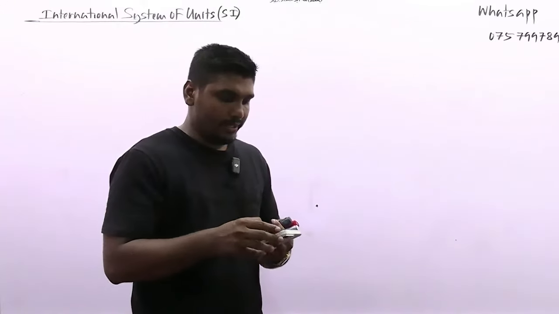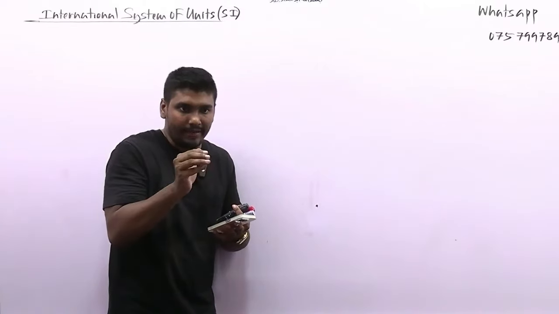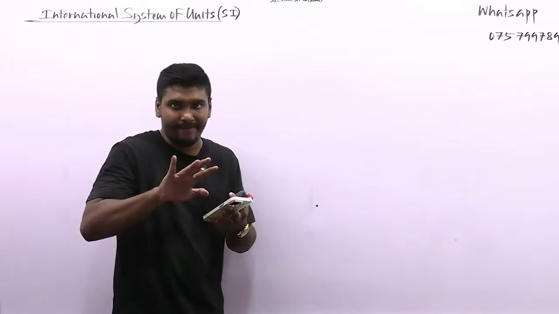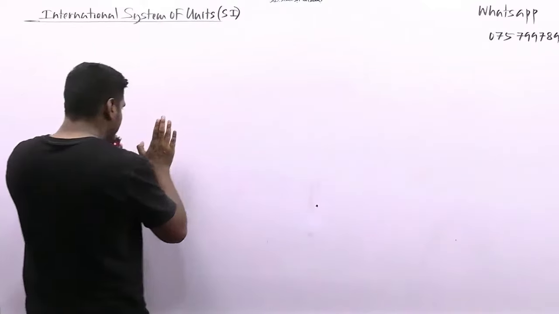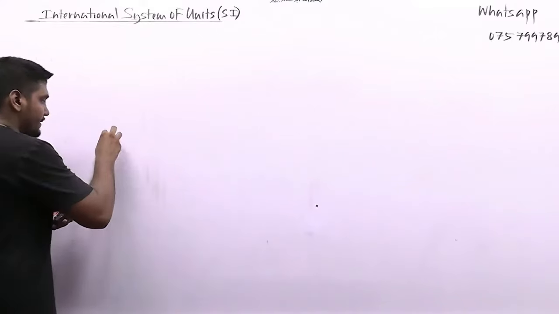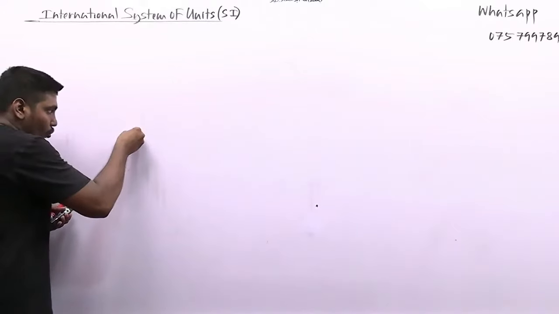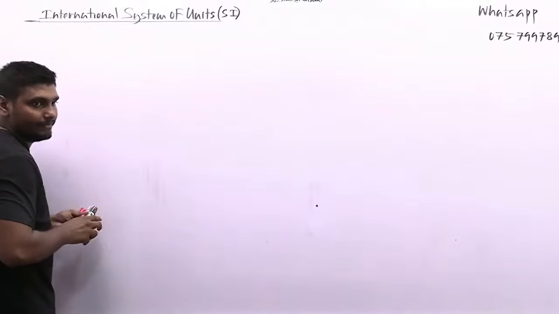Now first we'll talk about base units. Now hereafter, keep your focus and learn. Every point matters. Base units, if not basic, if not fundamental. Remember, there are 7 basic units. There are 7 basic physical quantities, and for those 7 basic physical quantities, there are 7 basic units.